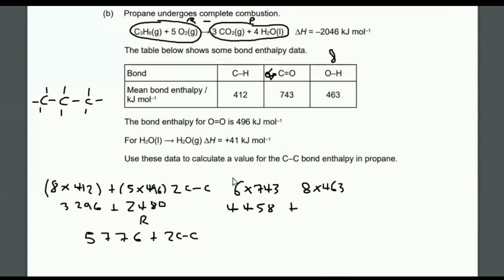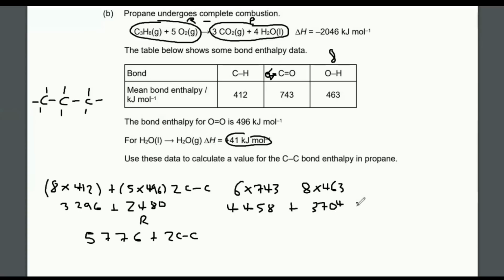8 times 463 equals 3704. So that covers our carbon dioxide and water, but we now have to take account of the vaporization enthalpy, from the liquid water turning to gas, or the other way around, the gas water condensing.